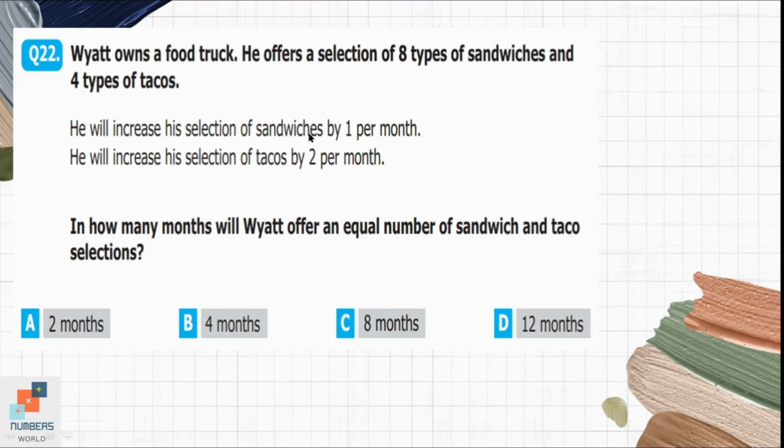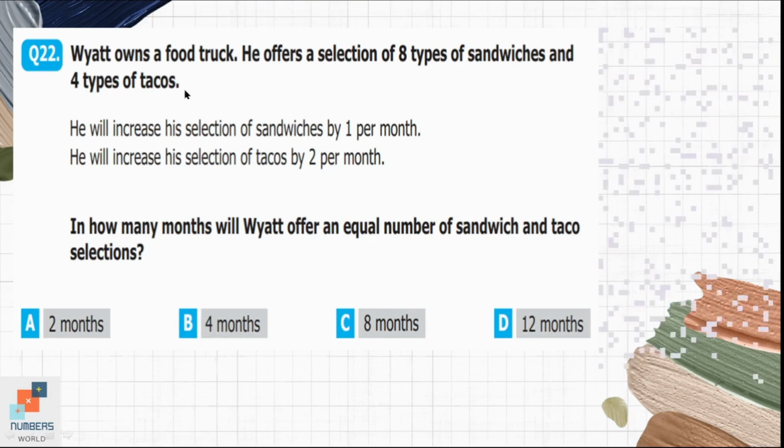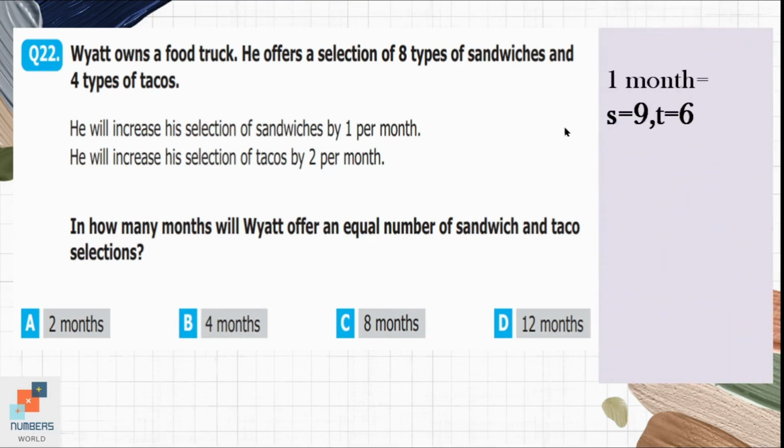So according to the criteria, we have to add 1 to the types of sandwiches and 2 to the types of tacos. After 1 month, he will offer 9 types of sandwiches and 6 types of tacos, because here we had 8 types of sandwiches already. So 8 plus 1 is 9 and 4 plus 2 is equal to 6 tacos.